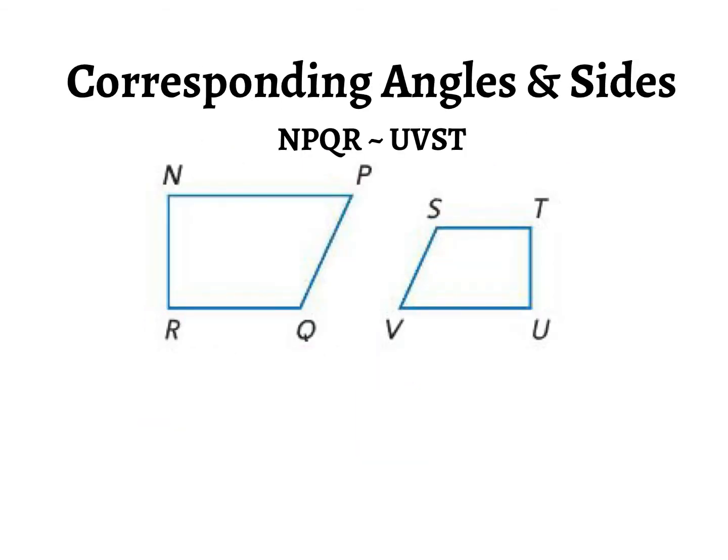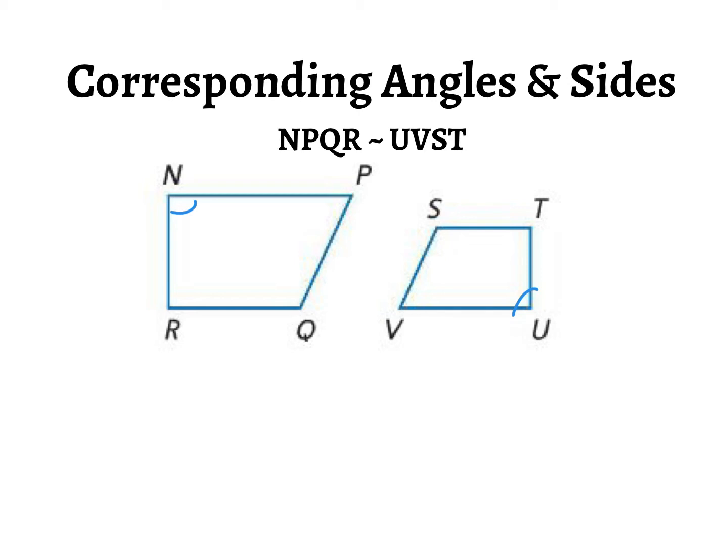Now here, we first want to identify the similarity statement. NPQR is similar to UVST. Now there are no symbols in here, so we can use the fact that N is the first letter and U is the first letter. So those two are corresponding with each other. That means that N corresponds with U. Those are congruent.